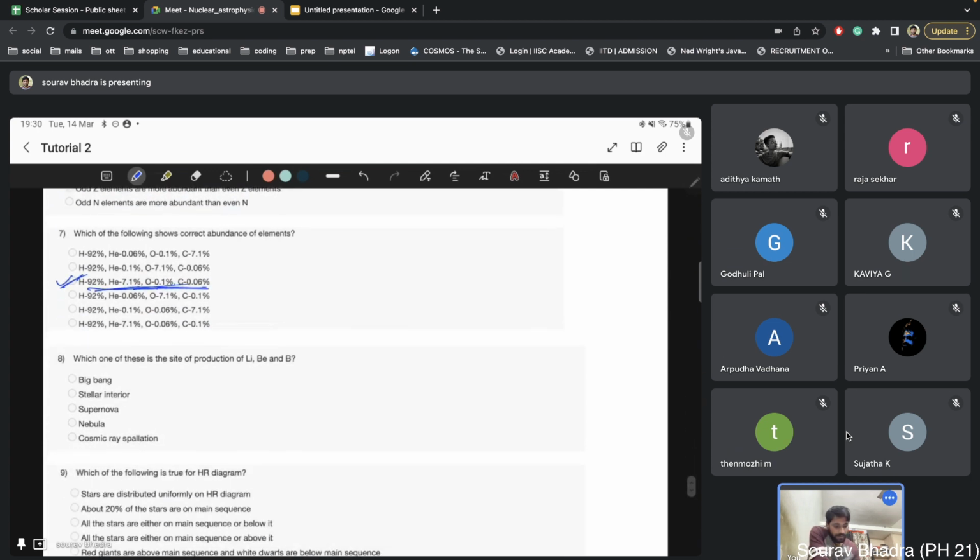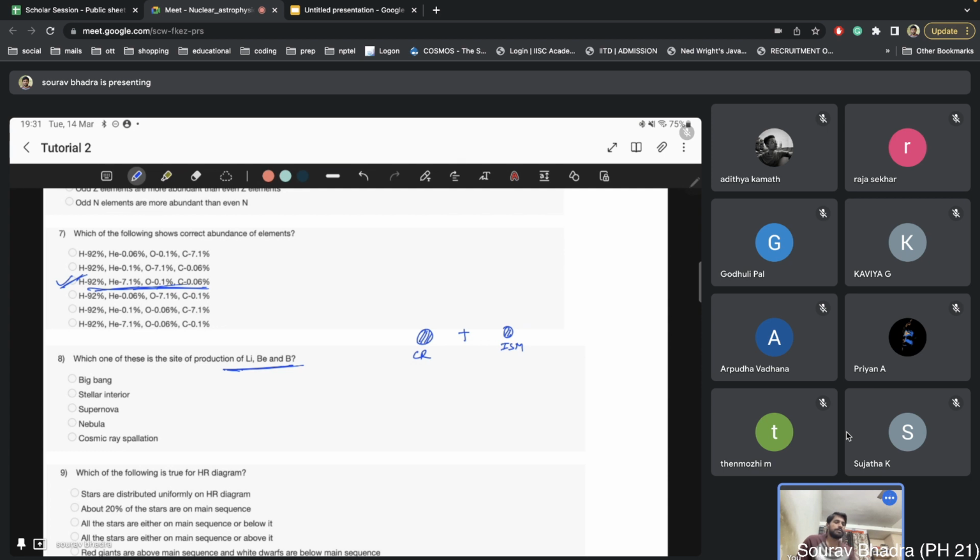Now this I have also discussed in the previous class, that cosmic rays are the main reason for the production of lithium, beryllium and boron, because a cosmic ray, which is a very high energy particle, when it is moving through space, will interact with the particles from the ISM.